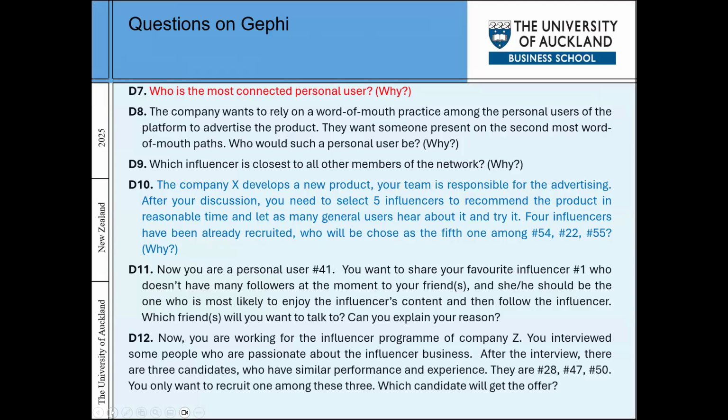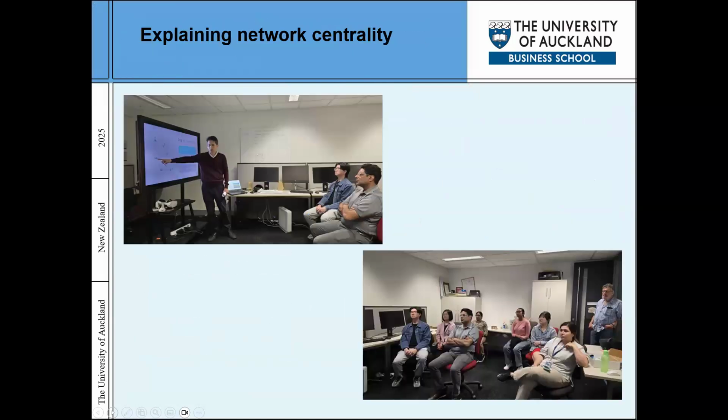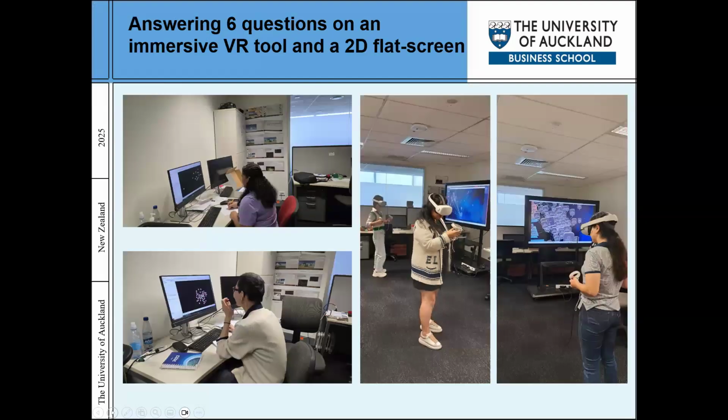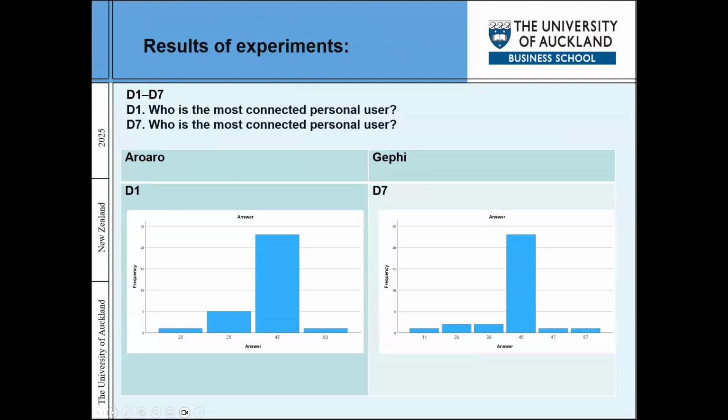So we still have that data where they have given the reason for their decision, why they think node number 45 is the most connected personal user. Is it that they are considering degree? Is it closeness or betweenness? So we have the reasons behind their decisions. But because this is still work in progress, we are yet to analyze that data, but we have it. So that's why you don't see a Y here in this analysis.